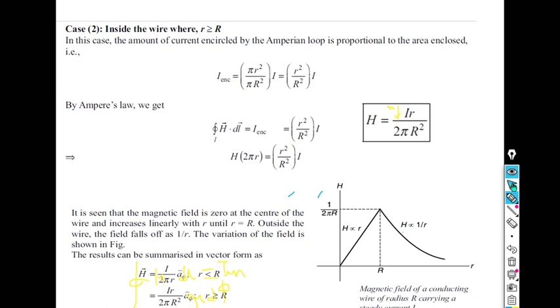Suppose this is H into 2 pi r. So we can write it here that J is equal to I by pi r square.